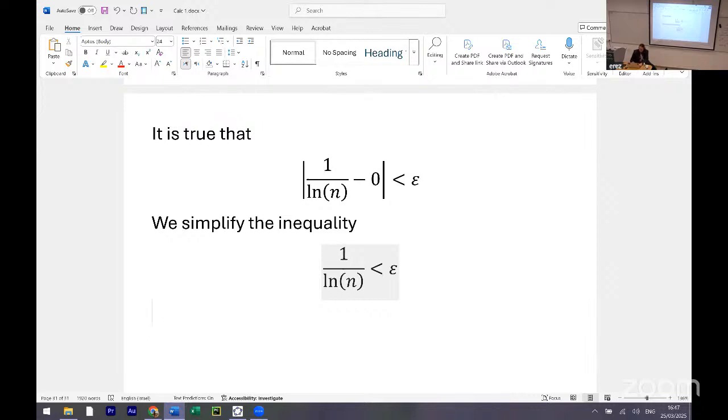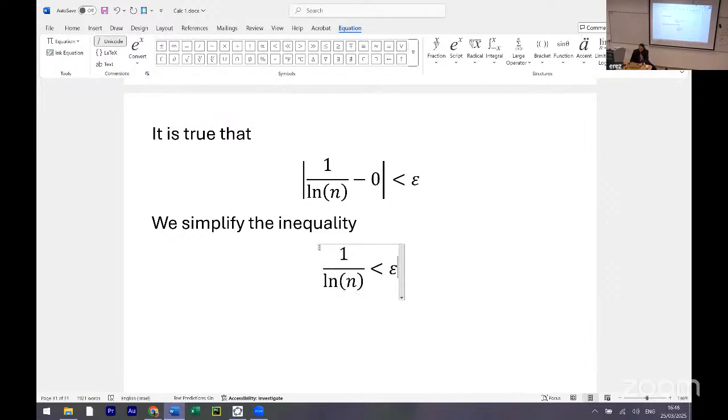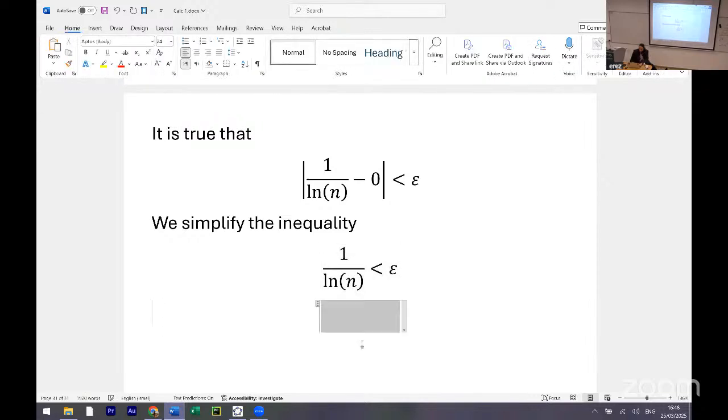That's nice. E to the 1 over epsilon is less. Yes, but that's where you did 2 steps. So the first step would be we wish 1 over epsilon to be smaller than ln of n.